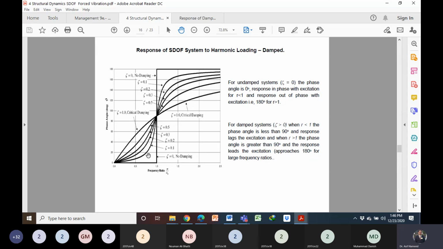For the damped system, when there is damping in the system, zeta greater than 0, if r is less than 1, this part, the phase angle is 0 to 90 degree, and if r is greater than 1, this part, and there's some damping in the system, the phase angle will be from 90 to 180 degree, and it approaches 180 degree for very high frequency ratios. ठीक हो गया जी?